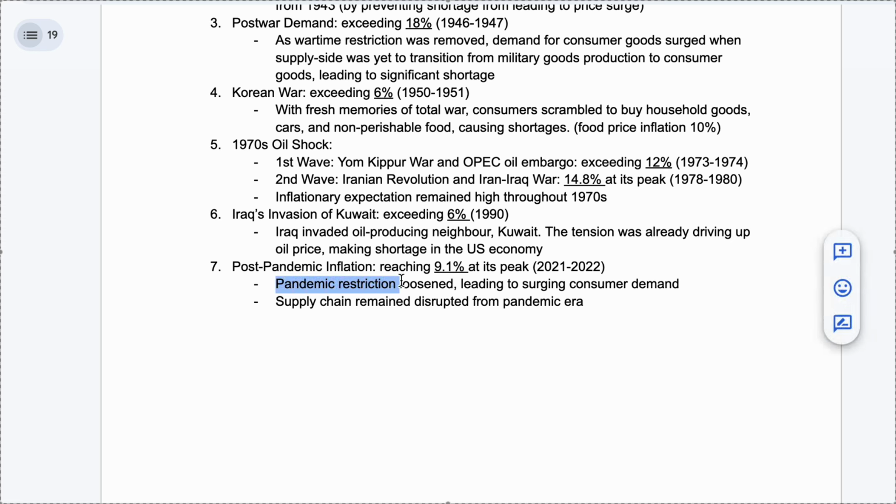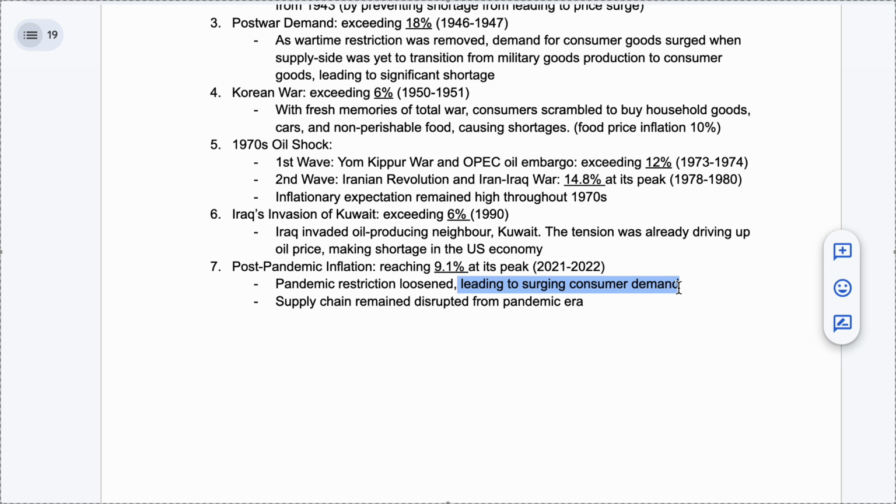So pandemic restrictions were loosening. The COVID pandemic happened in 2020, but in 2021, a lot of countries, including the U.S., were removing all these restrictions and lockdowns. As a result, people started shopping, leading to surging consumer demand.